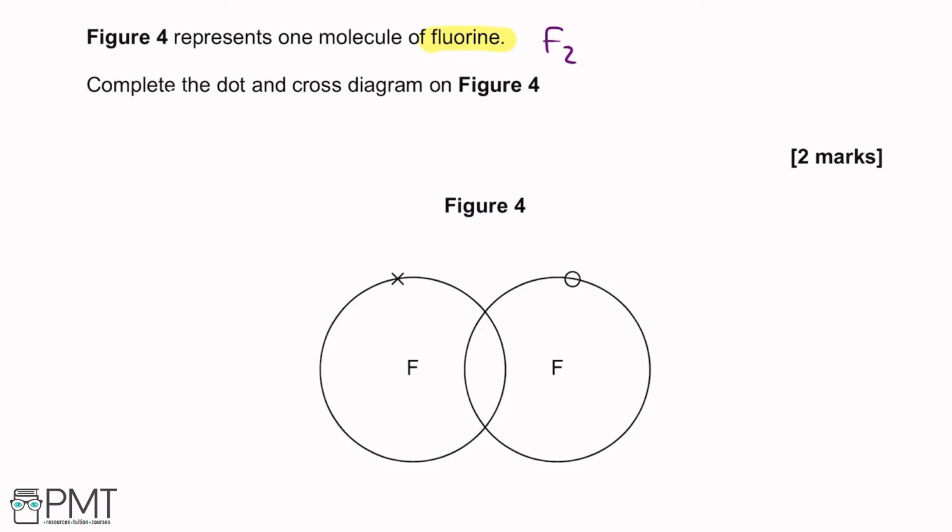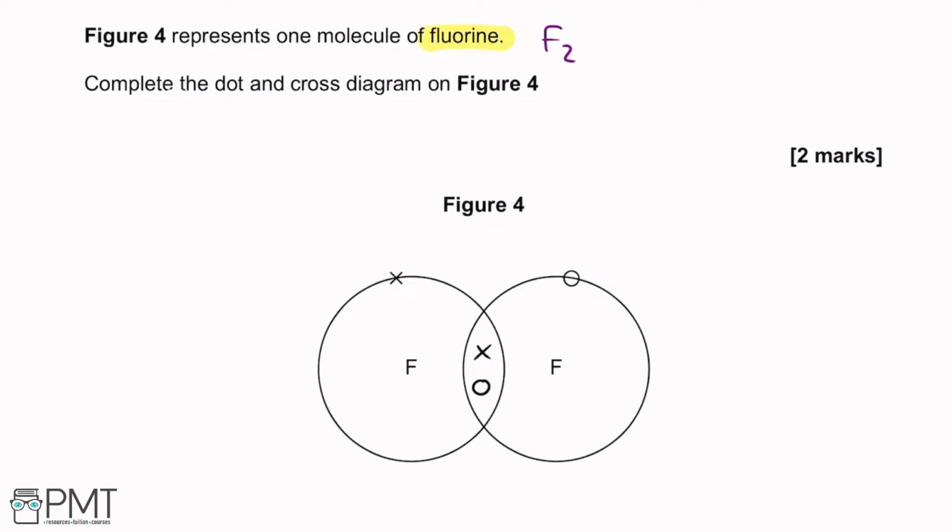In the aim to give each of these fluorine atoms a full outer shell, i.e. allowing them to have 8 electrons in their outer shell each. So, let's start by sharing the first fluorine's electron, which we're showing as a cross, and then the second fluorine is going to share an electron, which we will show as a dot.